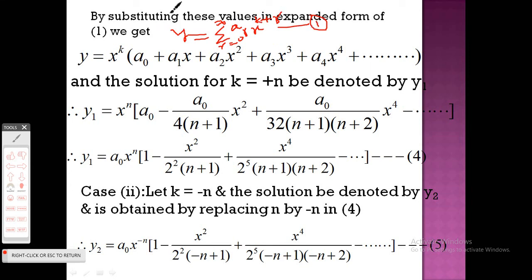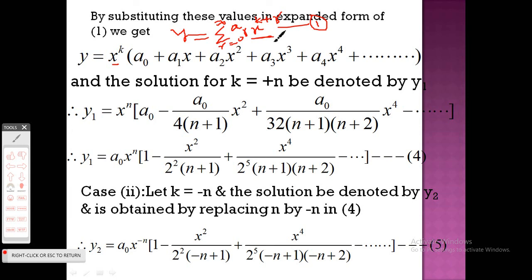Now expanding this means we have to give the value for r is equal to 0. When r is equal to 0, a naught into x to the power 0 plus k, we get a naught into x to the power k. That x to the power k I have taken common. Next, second term, when r is equal to 1, a1 into x to the power k plus 1. In that, x to the power k terms I have taken common, so remaining only one x term.